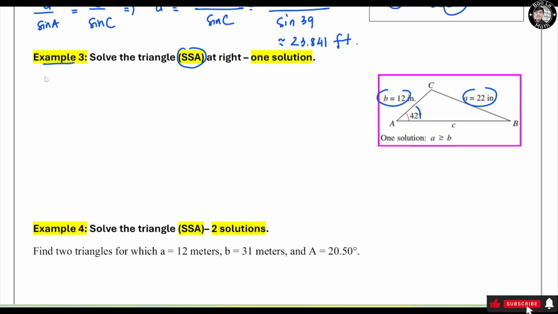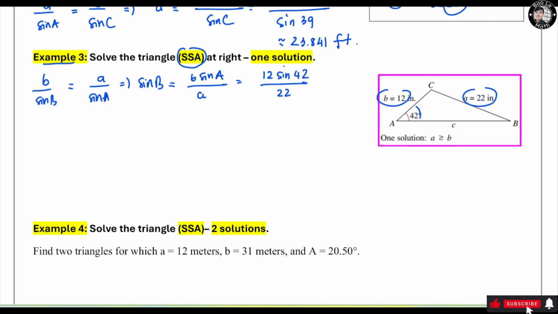So by the law of sine we have B over sine B equals A over sine A. So sine B equals B sine A divided by A. That's 12 sine 42 divided by A, which is 22.